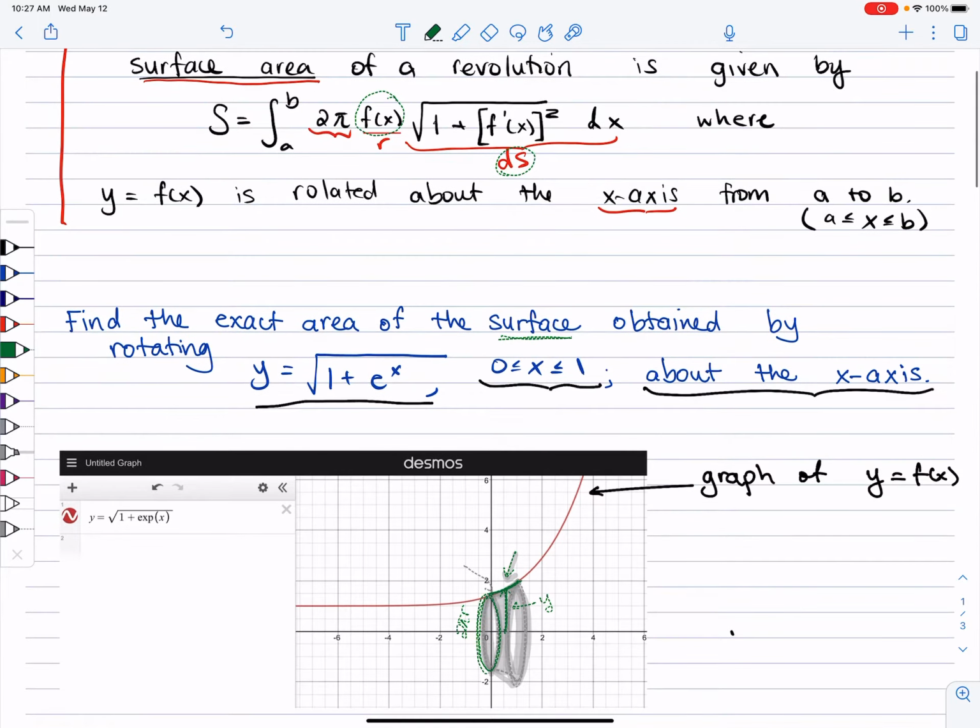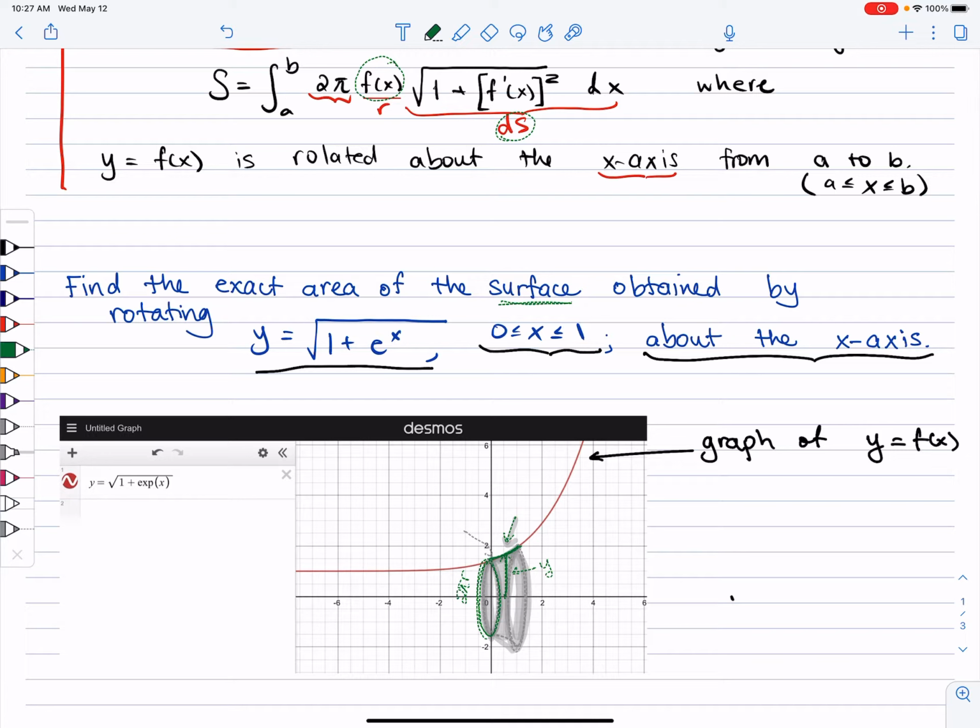So let's go back to doing the problem. We can say that the surface area of this revolution is equal to the integral from 0 to 1 of 2 pi times, again, the radius or the distance from the axis of revolution to that curve, which is nothing other than y.